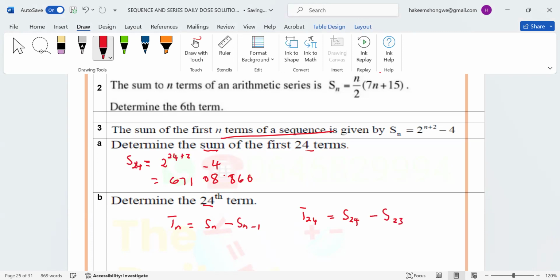S24 is this one again, 6, 7, 1, 0, 8, 8, 6, 0, minus 2 to the power of 23 plus 2 minus 4. You put this in a bracket. What do you get as the answer?